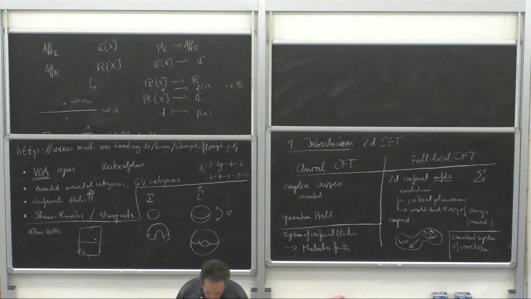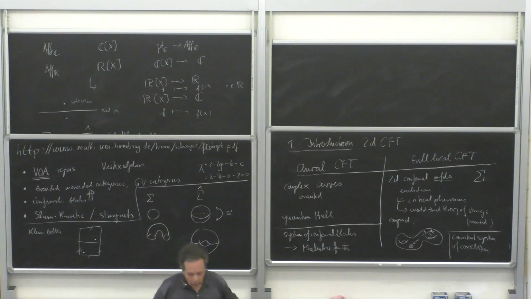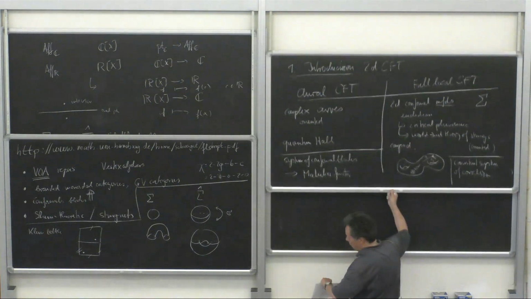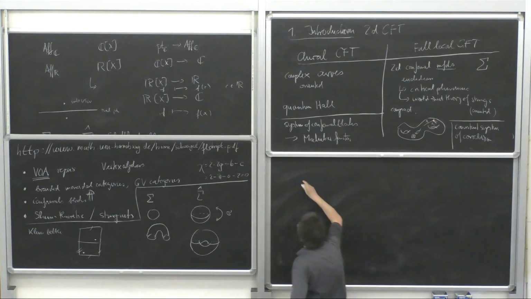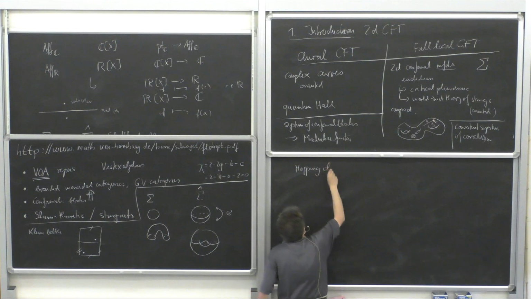I have already talked about some topological aspects. There is another topological gadget which I should introduce very early, and which will be very important in the sequel, and this is the mapping class group.